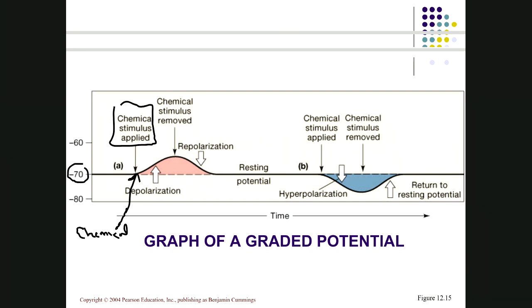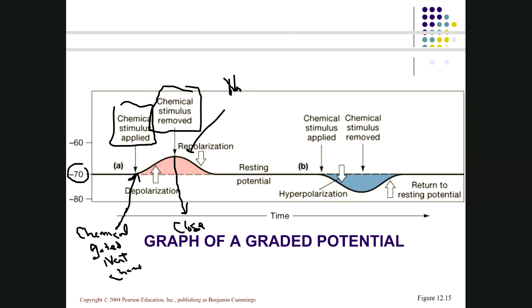Sodium. So it's a chemical gated sodium channel. That's what opened right here. And it goes up. And then look, here is where the chemical stimulus was removed. And so what's going to happen is the channel's going to close. And then we're going to use the sodium potassium pump and the leak channels to restore resting potential.